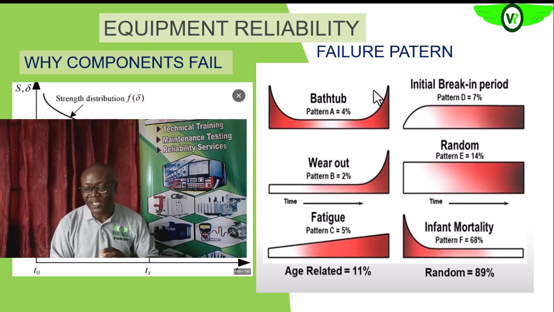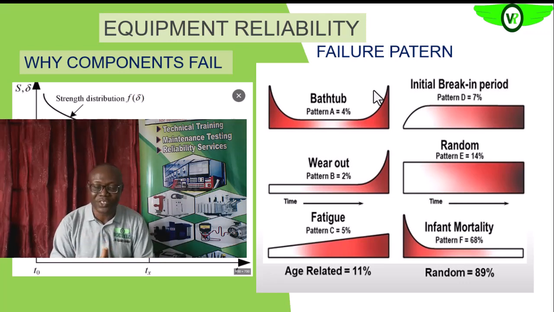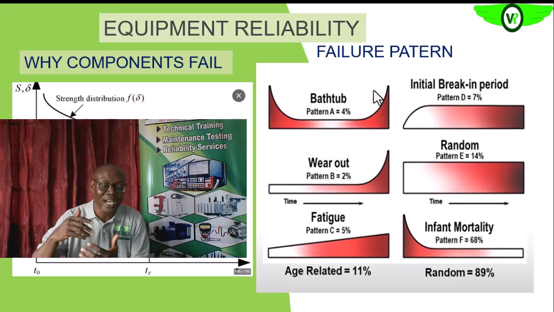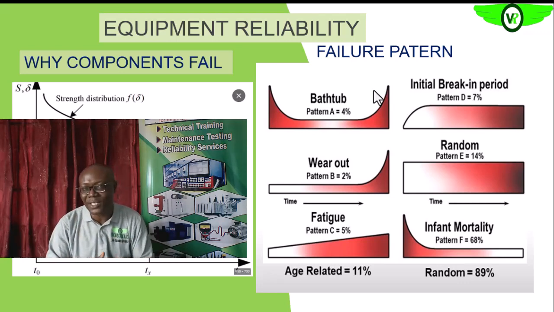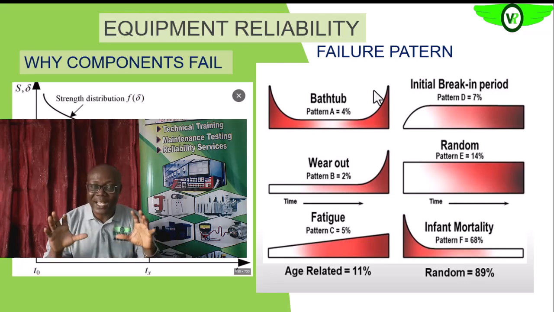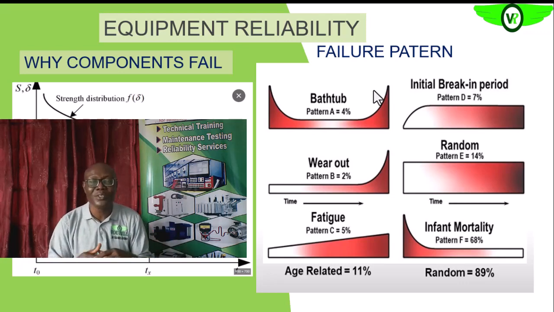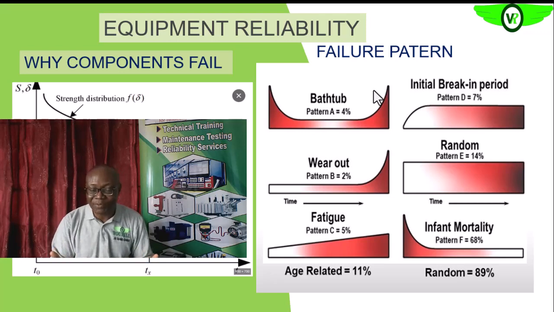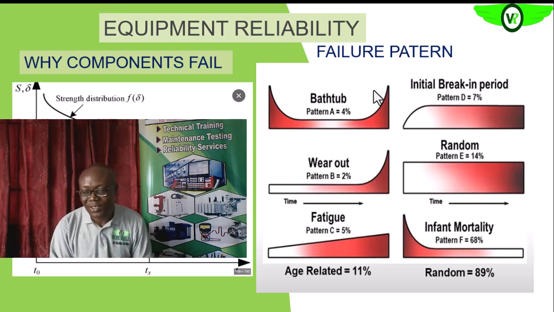So you see that if they are based solely on this age related pattern, we'll be accounting for only about 11% of the failures that our asset is exposed to. So we'll be having frequent unplanned maintenance because of breakdown failures that are not seen or could not be accounted for.